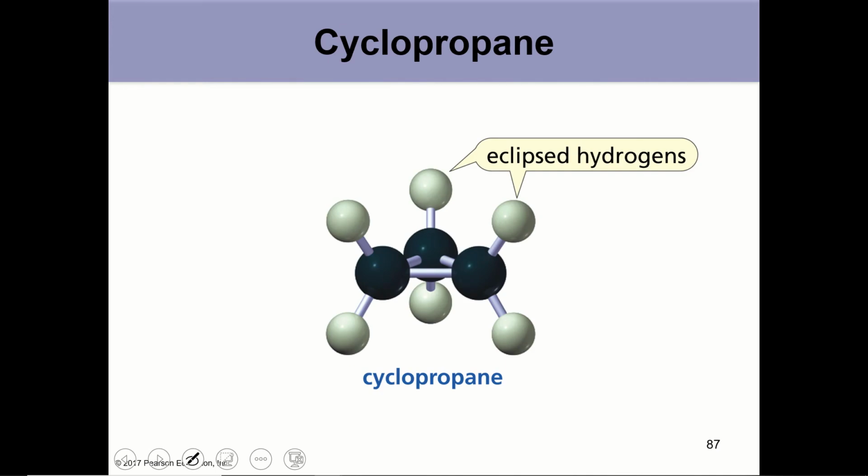Here is an example of cyclopropane. Not only do we have the angle strain from the eclipsed carbons being closer than 109.5 degrees apart from carbon to carbon, but if you look at the hydrogens, and we do a Newman projection, you will see that the hydrogens on adjacent carbons are eclipsed in the eclipsed conformer, and they cannot rotate out of the eclipsed position because single bonds that are in a ring cannot rotate.